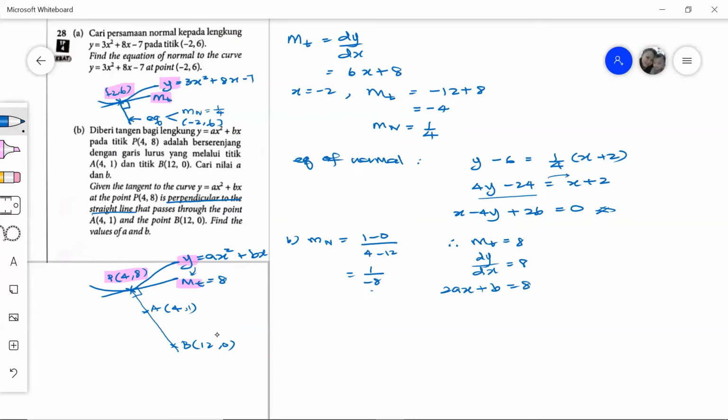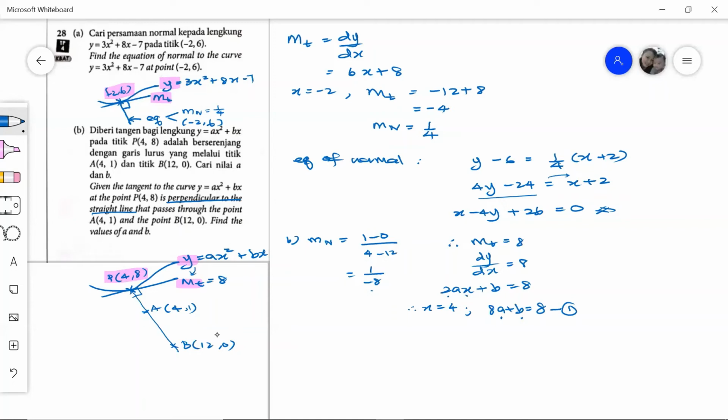And this tangent passes through point P. So when x equals 4, we will have 4 times 2, so 8a plus b equals 8. I call this equation 1, because when I have 2 variables here, a and b, I must have 2 equations. So this is one of the equations.